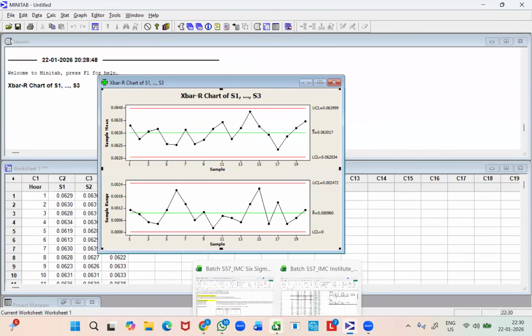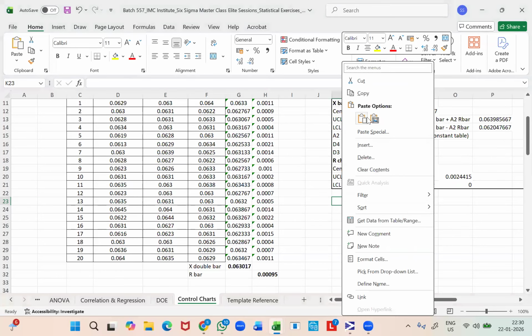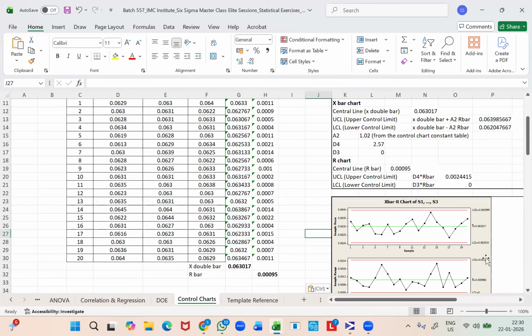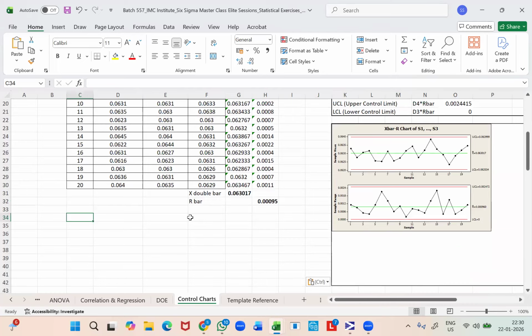That means the process is influenced only by common cause variation, right? You can see the X double bar value, which is 0.063017. That is exactly what we also got. The R bar value is 0.00095. So you can provide the inference here.